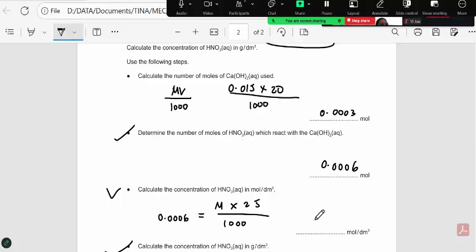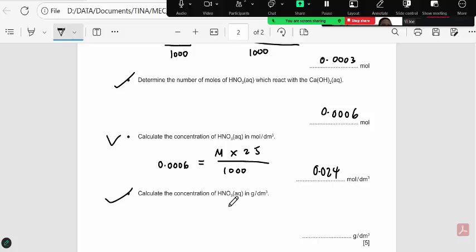Okay, so how much do you get? Times 2 times 1000, divided by 25. Okay, so 0.024. Ijo, you got this correct?